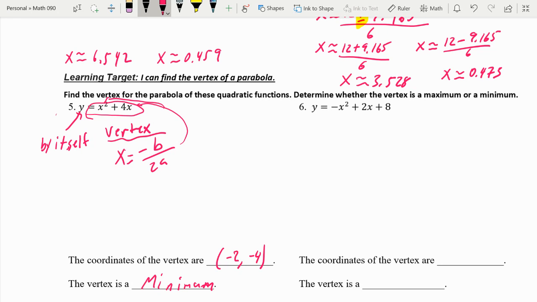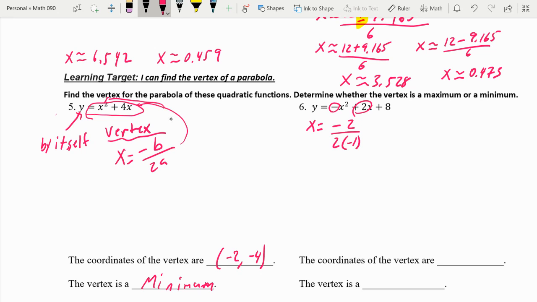Okay, so let's do number 6. You go back and do number 5. I already gave you the answer. So we end up with x is equal to negative b over 2 times a. B is 2, it's positive, but we needed a negative b. A is negative 1.